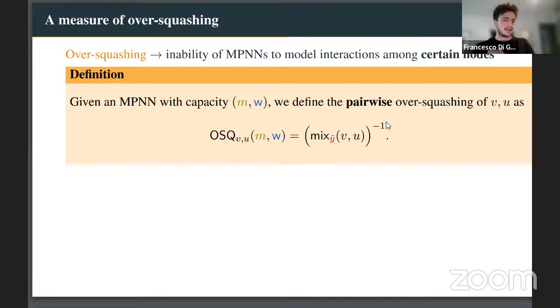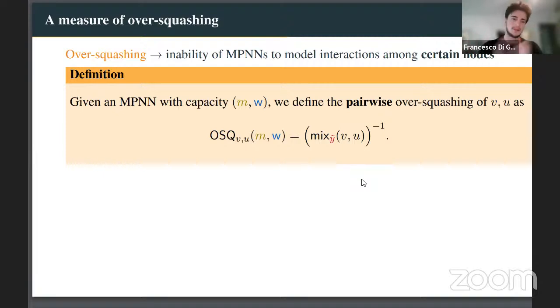So we want this function to also be accounting for components of the architecture. And of course, let's finally focus on the right-hand side. So why the inverse? First of all, if the mixing is very large between two nodes, then it means that the MPNN is able to model strong interactions between V and U. So no problem in exchanging information there. We shouldn't be expecting oversquashing to happen.